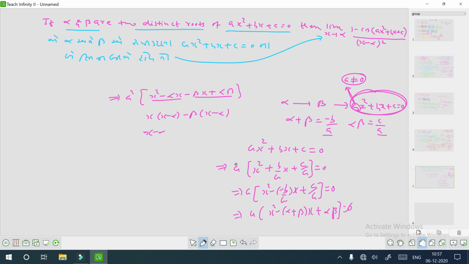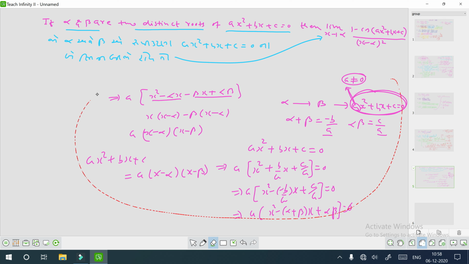That is x minus alpha into x minus beta into a. So if alpha and beta are roots, then ax square plus bx plus c can be written as a of x minus alpha x minus beta. Clear?